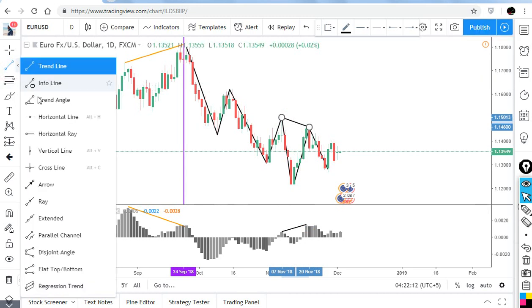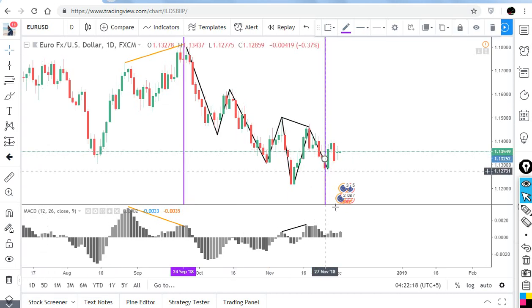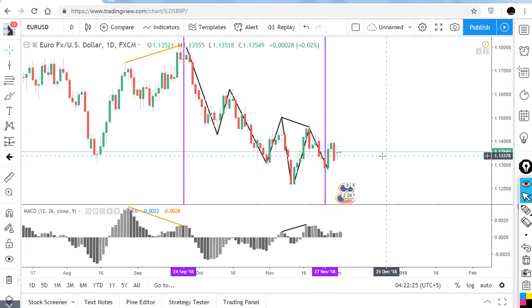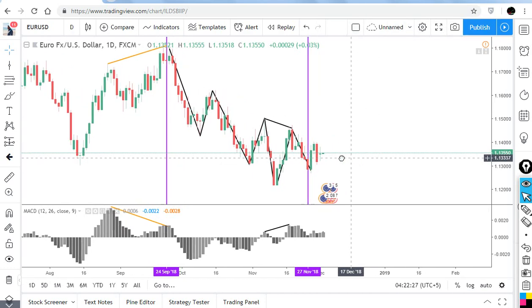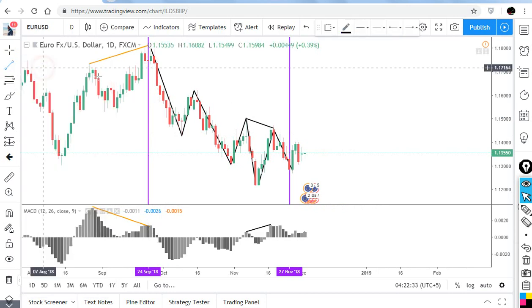The point of action is we take a vertical line here, and then we will see. Now you see there is a little bar here. Now after this, I am changing the colors of my trend lines, so it will be easier to understand.